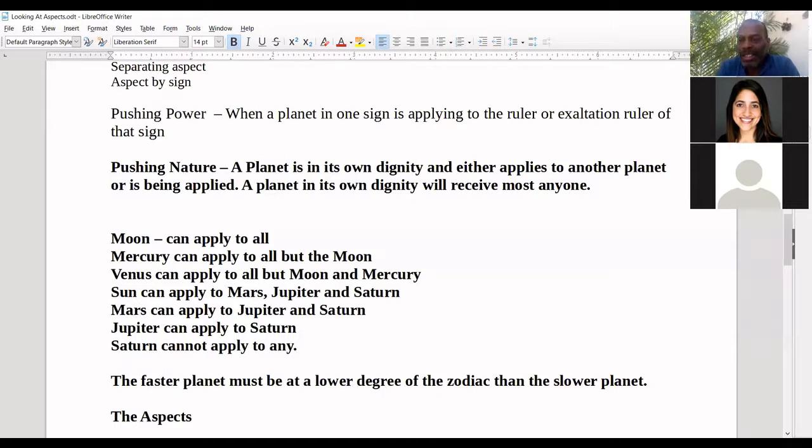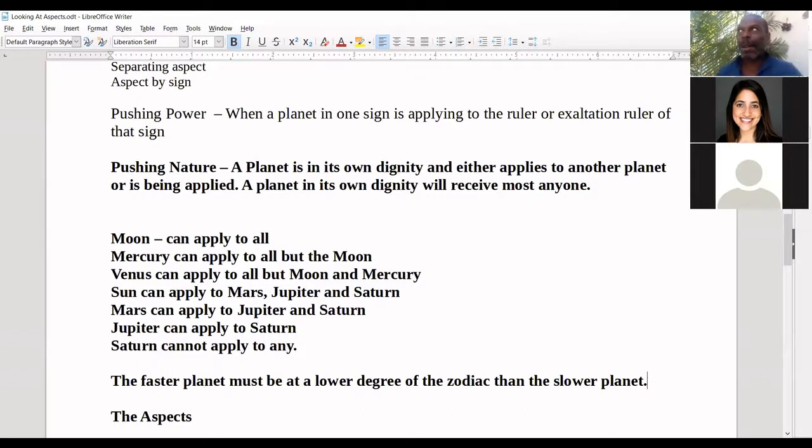My Sun is at 10 degrees of Capricorn, applying to Saturn at 12 degrees of Pisces. That is pushing power. The Sun is pushing his nature and the nature of the sign, which is Saturn's feminine nocturnal nature, onto Saturn. Okay, so that's pushing power.